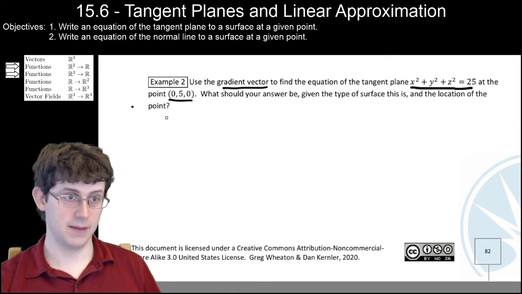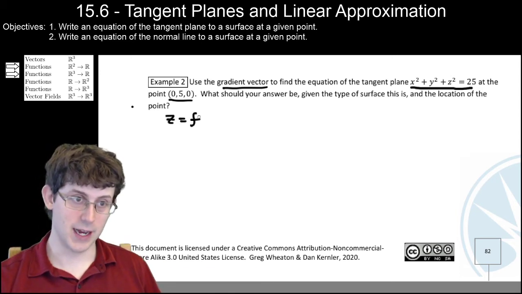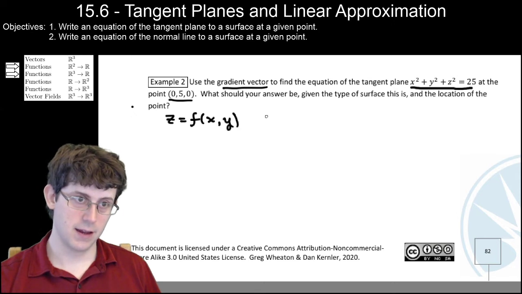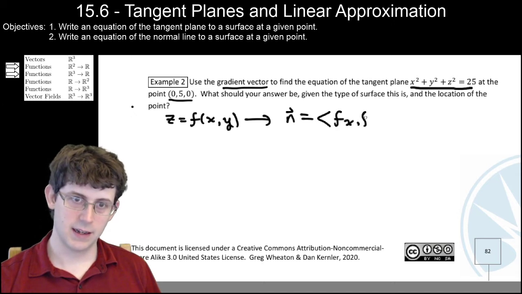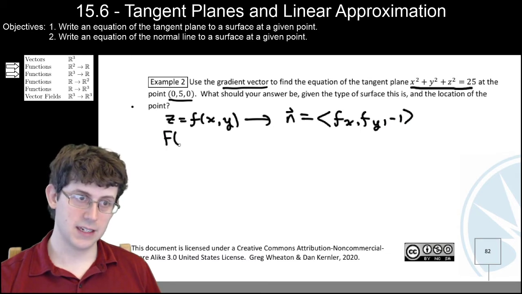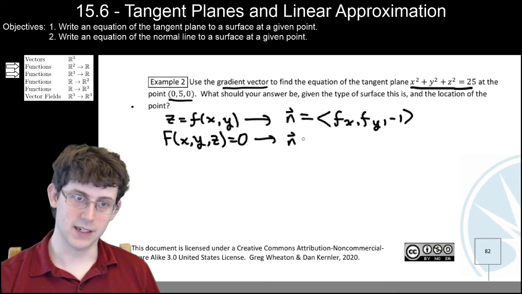You either think of them as z equals f of xy, which tells you that there's a normal vector that is fx, fy, minus 1, or you get the whole thing to be a function of three variables, and it all equals 0, in which case the normal vector is fx, fy, fz.